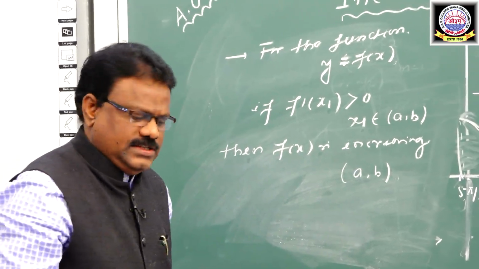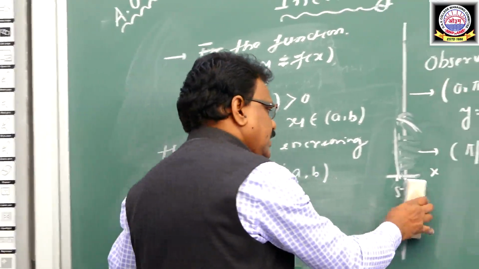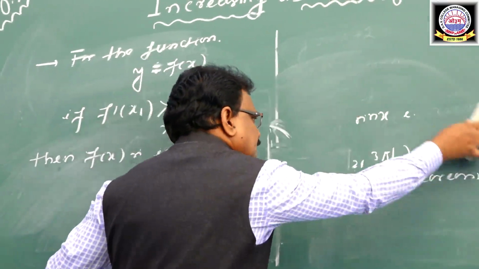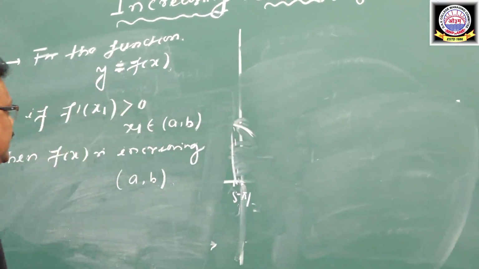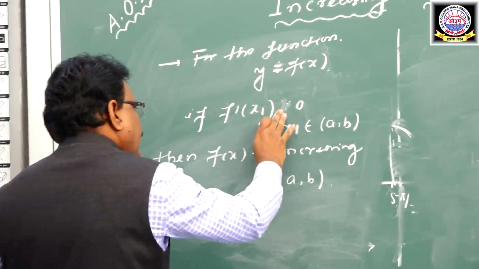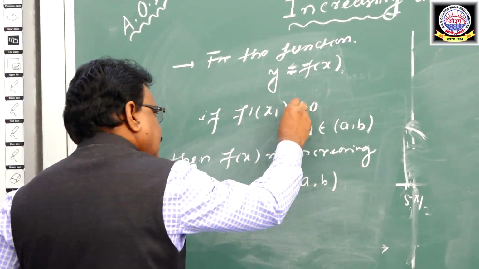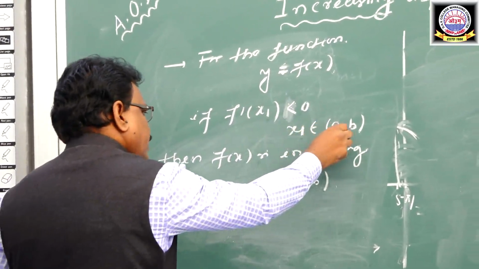Similarly, I can write the definition for the decreasing. So, in case of decreasing, I am just rewriting for the function y is equal to f of x, if f dash x1 less than 0, for x1 belongs to a comma b.